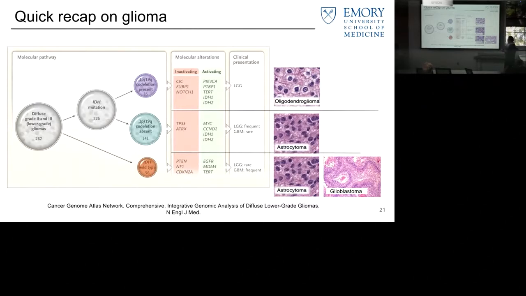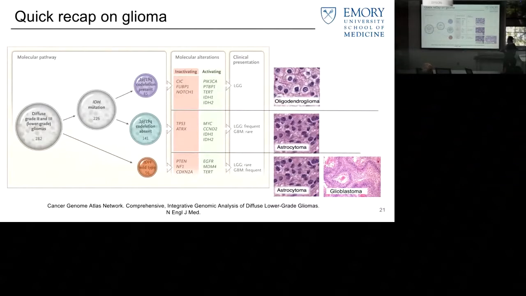Here's an astrocytoma, and here's another astrocytoma. These patients live for maybe 6 years, and these live for 1 year. They look exactly the same under the microscope, but by looking at IDH mutations, you can really distinguish them in terms of survival.